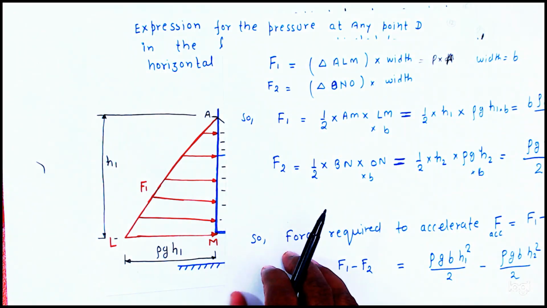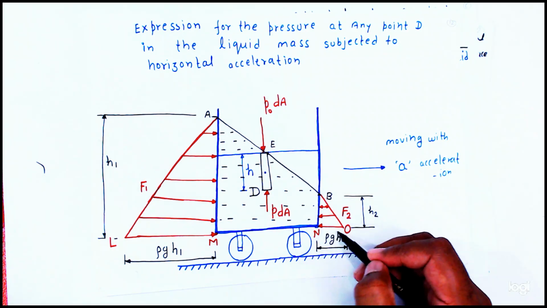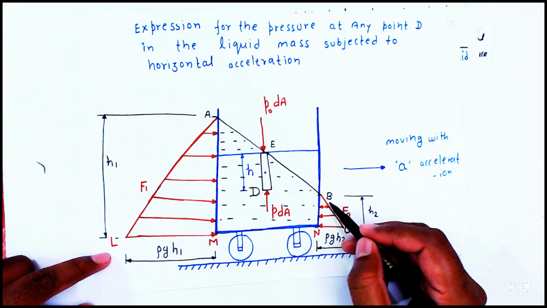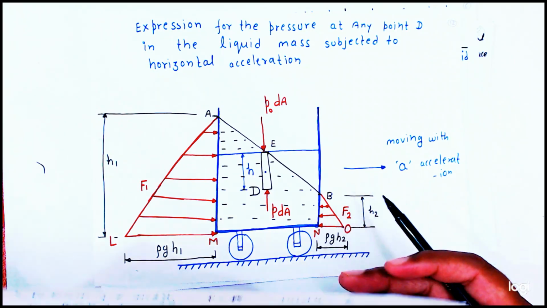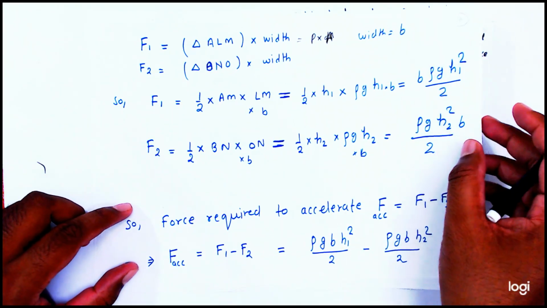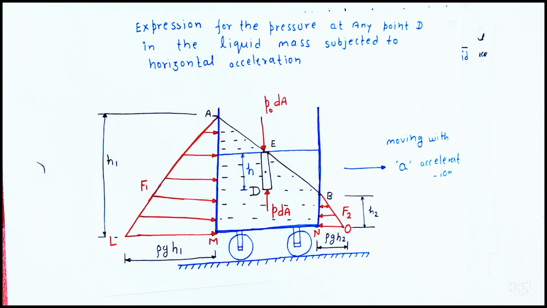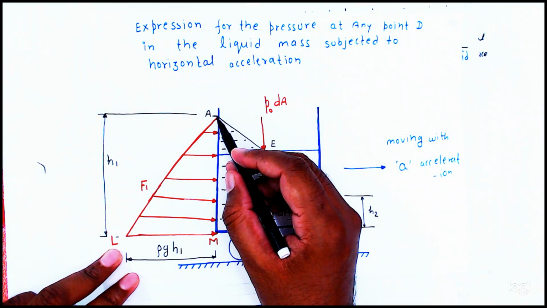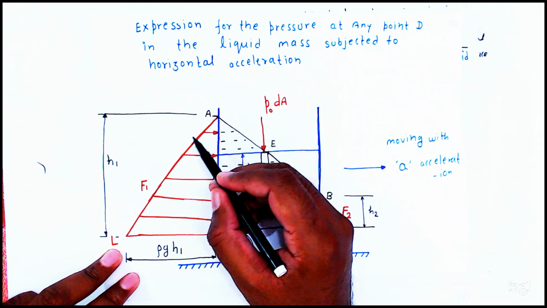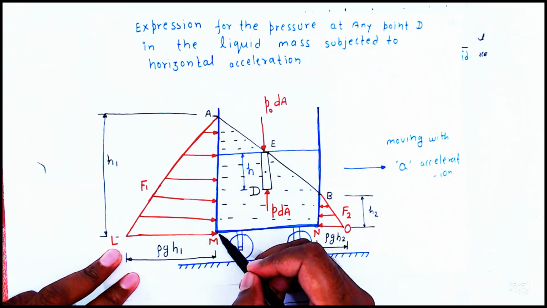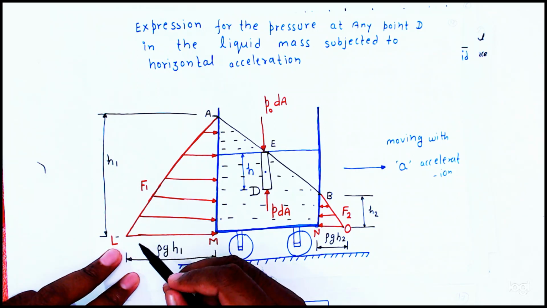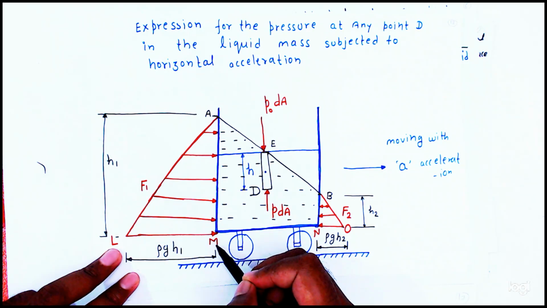Similarly, the area of the triangle into width will give the pressure force at F2. So we can find here, friends, you see, the area of the triangle is equal to what? Area of the triangle is equal to 1 by 2 into height AM into this base LM into width.